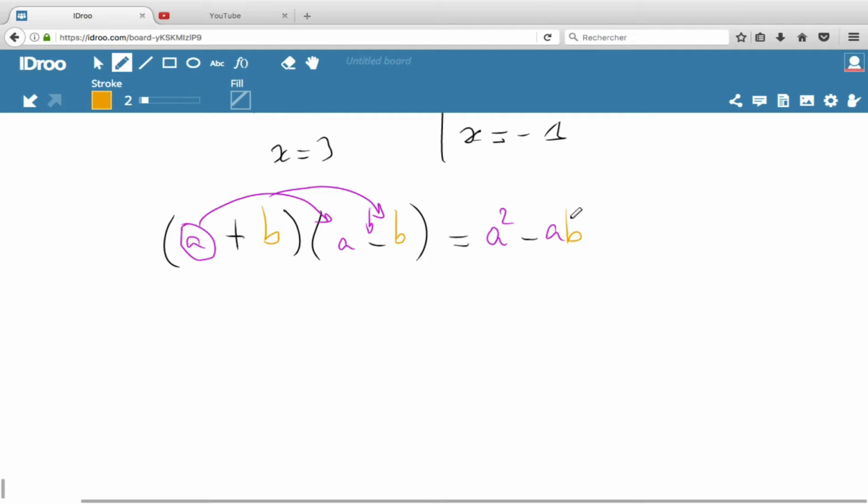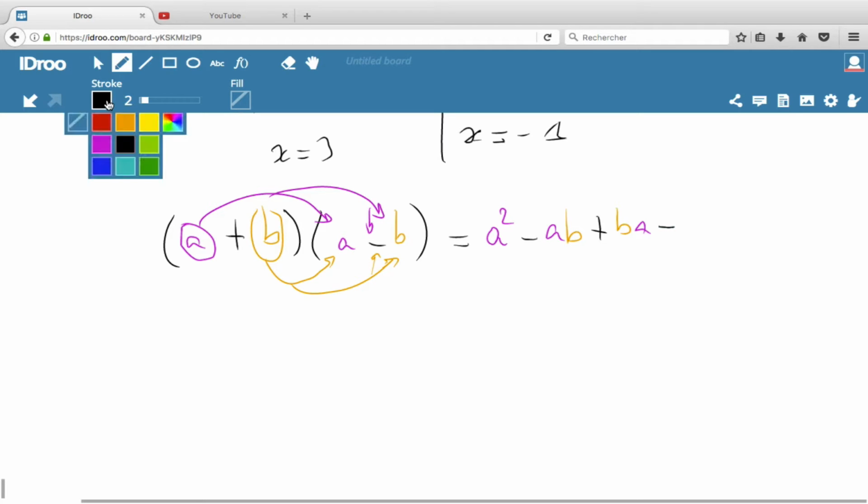And then we've got this guy times this guy and times this guy, but don't forget the minus here. So we've got b times a minus b to the square.